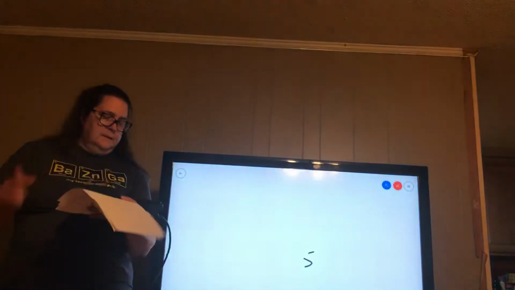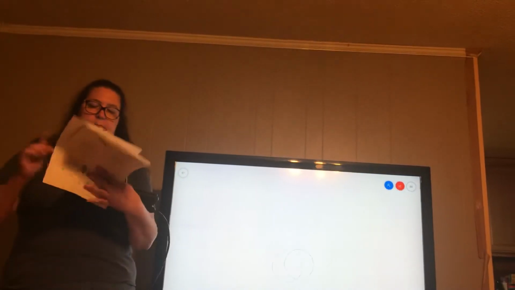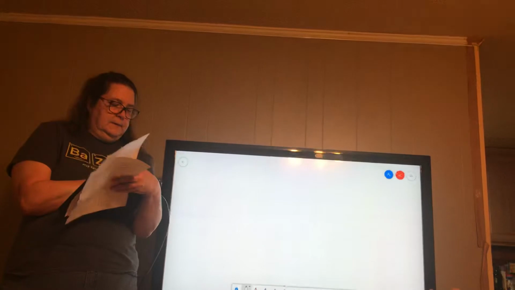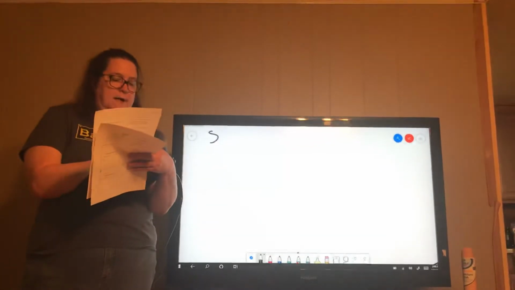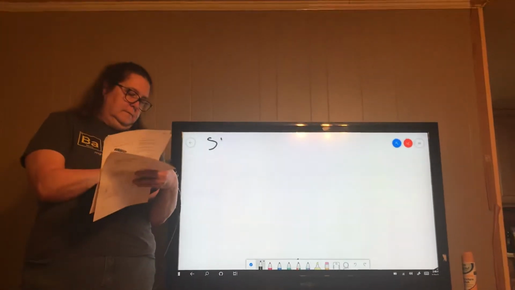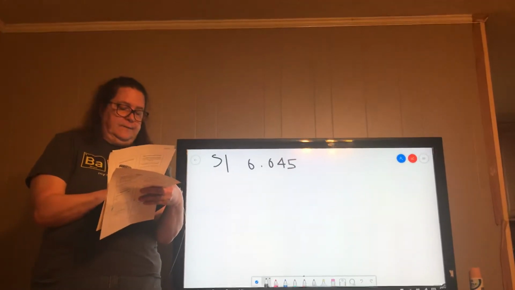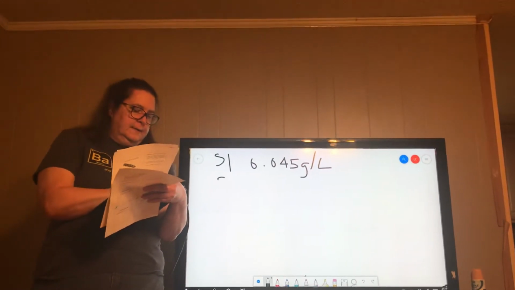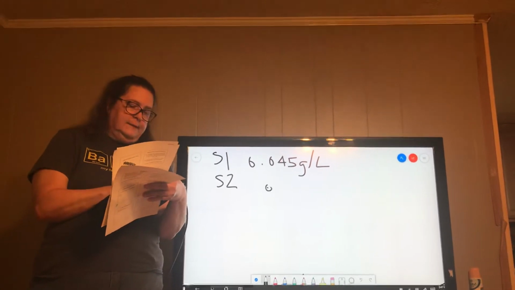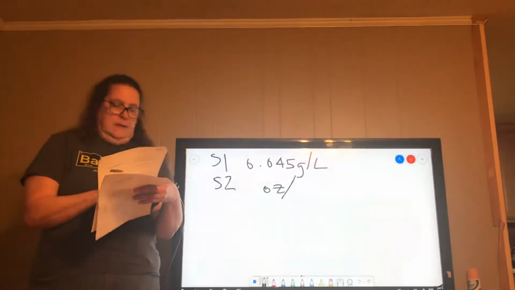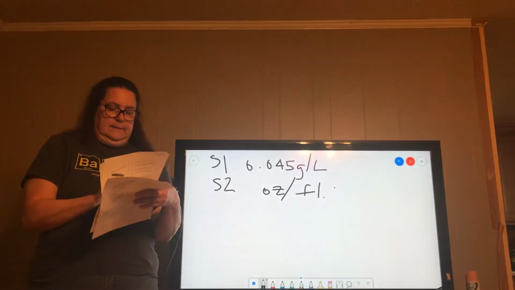Alright, so let's do slide 16. Step 1, we start off with 0.045 grams per liter. Step 2, we want ounces to fluid ounces.